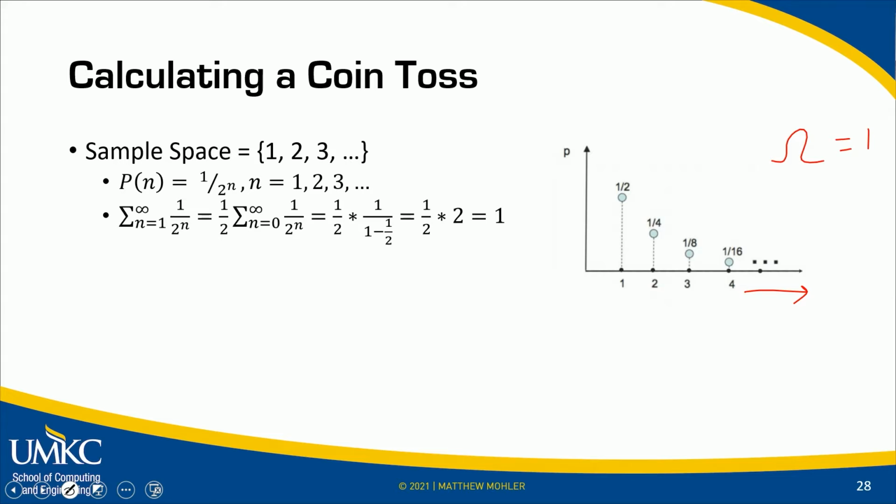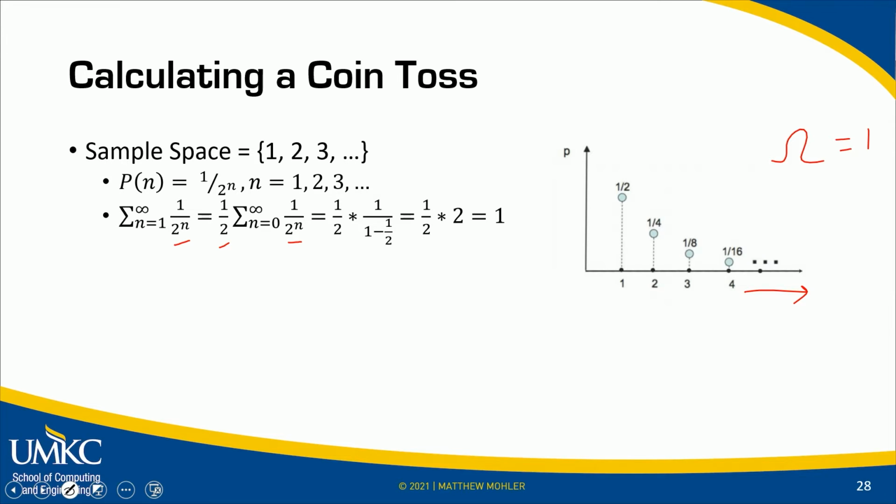So we can say that we're taking the sum from n equals 1 to infinity of this probability 1 over 2 to the n. And if we do a quick substitution using our rules of geometric series, we can pull out that 1/2 times the sum of n equals 0 to infinity of that same 1 over 2 to the n, as these two are equal. Now, pulling that 1/2 out front leaves us with, again, just a standard geometric series that we can convert using some of those rules back from calculus.